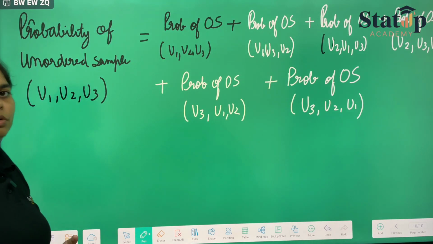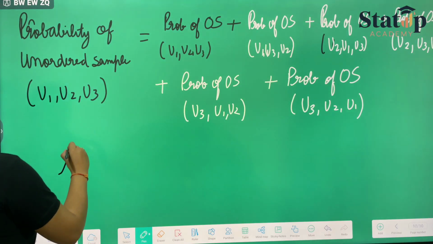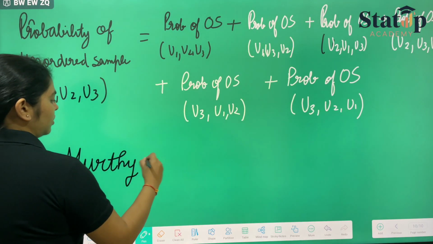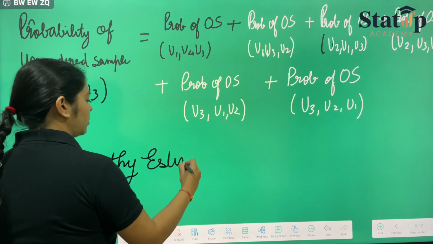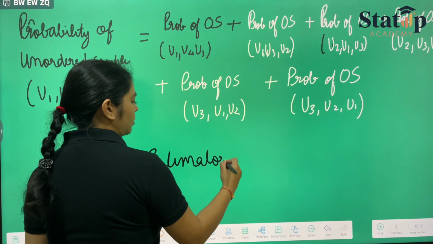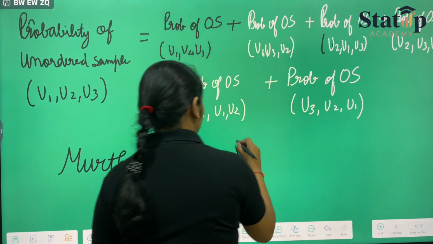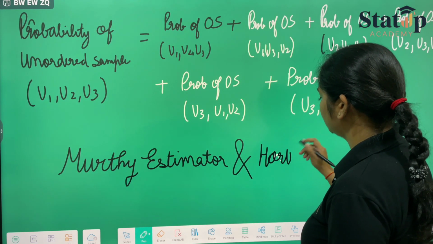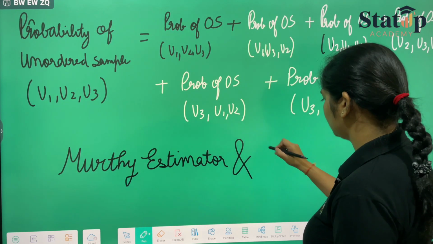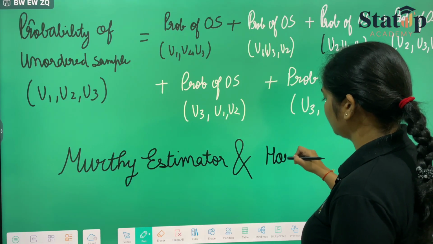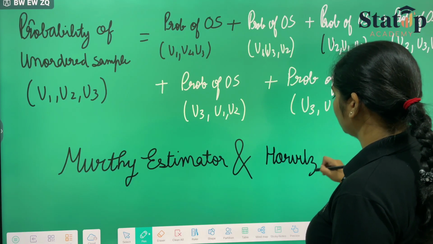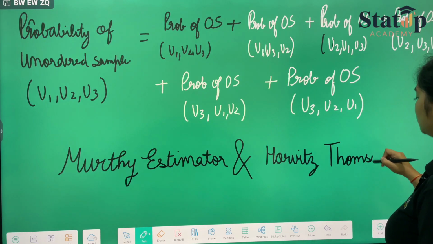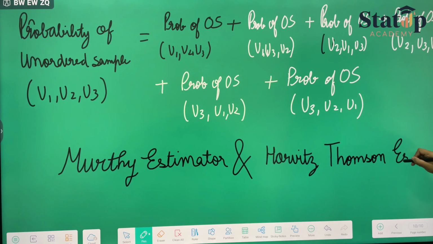And there are two methods. The first one is the Murthy estimator, and the second one is the Horvitz Thompson estimator.